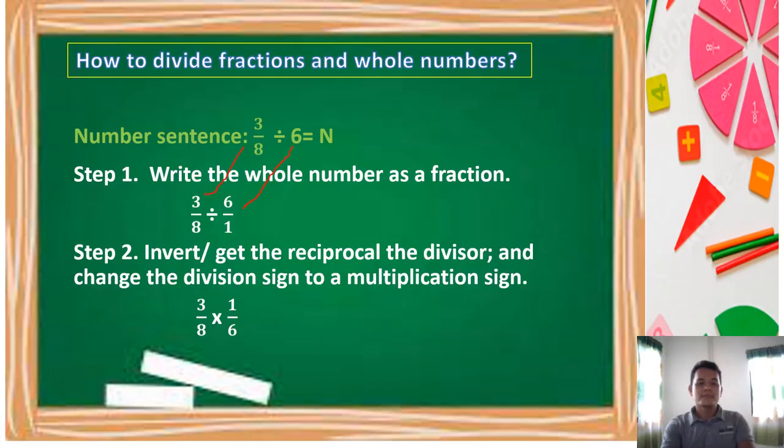Then step 2, invert or get the reciprocal of the divisor and change the division sign to a multiplication sign. The reciprocal of 6/1 is 1/6. Then our division sign will become a multiplication sign.